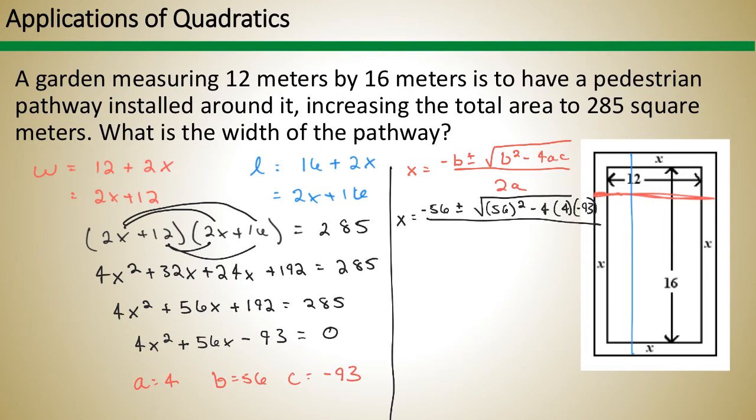All of that's over 2 times 4. Okay, and now we're just going to look at each of these three parts like we did before and simplify each. Okay, so the red part will just stay as negative 56 plus or minus, get out your calculator, and let's combine that stuff in blue there.